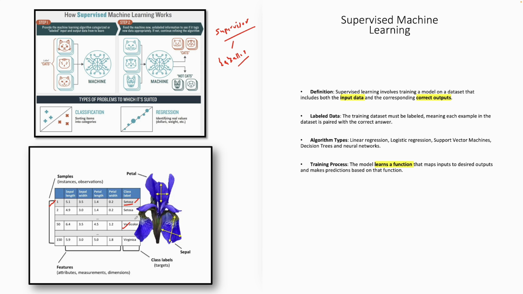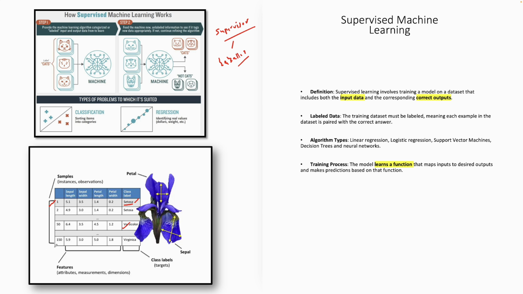Okay, so the training process is pretty simple. What we just learned in the machine learning workflow: the model learns a function that maps the input to the desired output and makes predictions based on that function. So it's pretty simple, right? You are learning based on the training data, you are able to identify the patterns, and then you can make predictions. As simple as that.